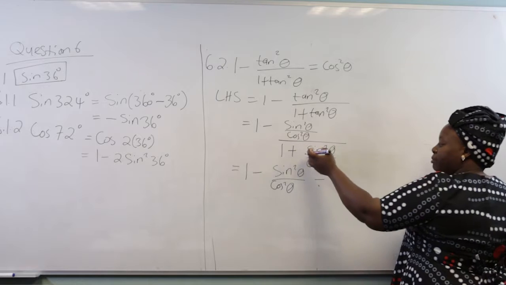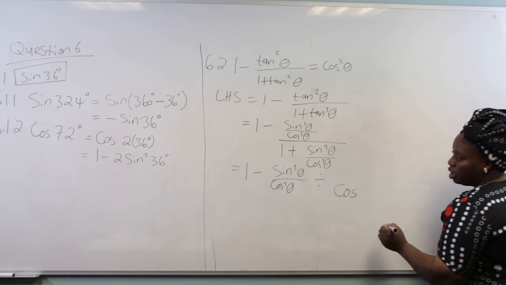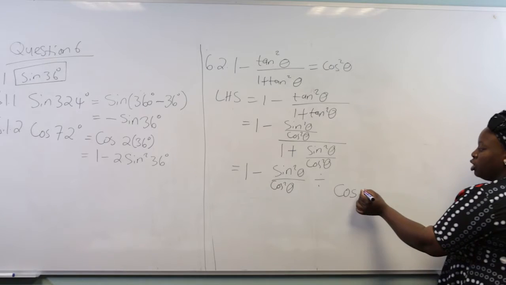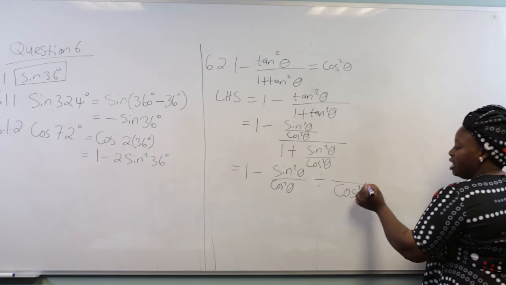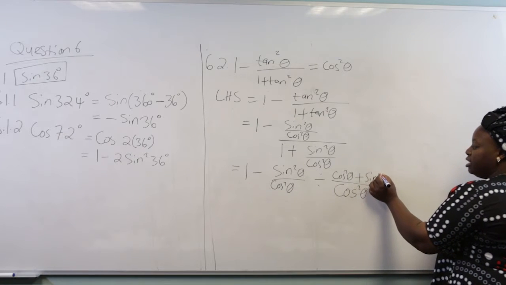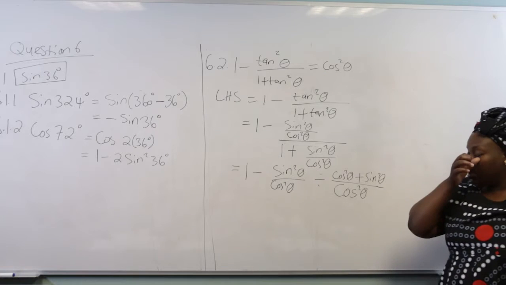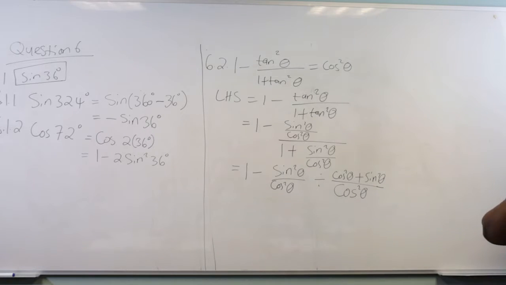Remember, this is 2 terms, so we need to make it 1 term by looking at the lowest common denominator. So it's cos squared theta, and there we'll have cos squared theta plus sine squared theta. Our identity says cos squared theta plus sine squared theta is equal to 1.